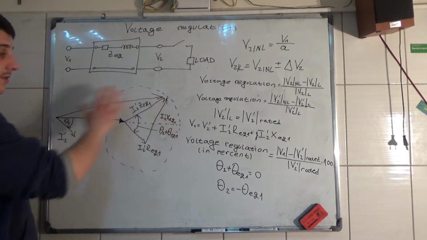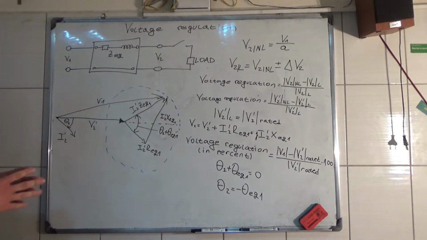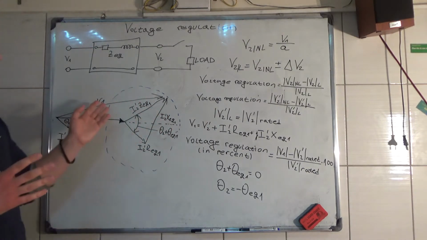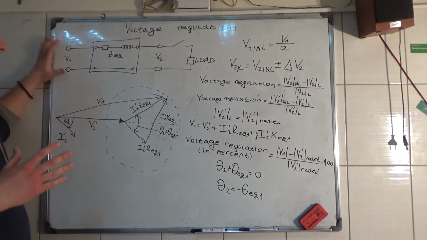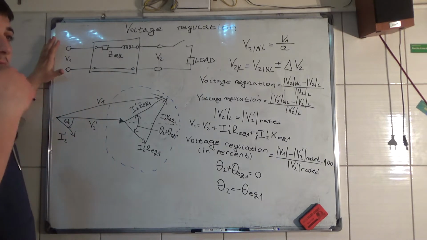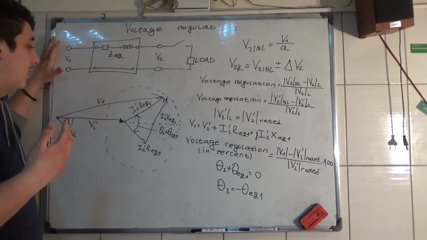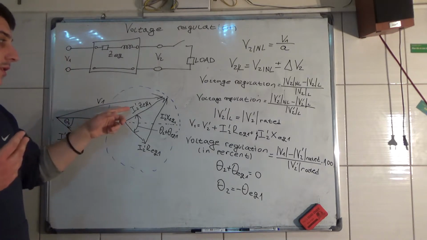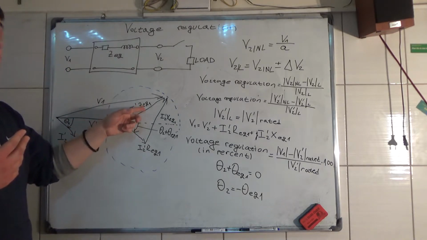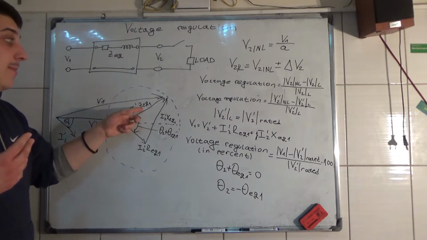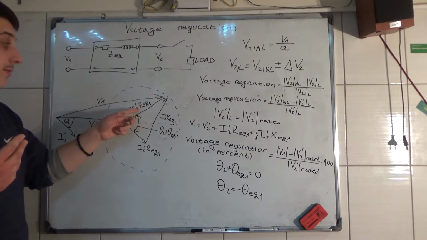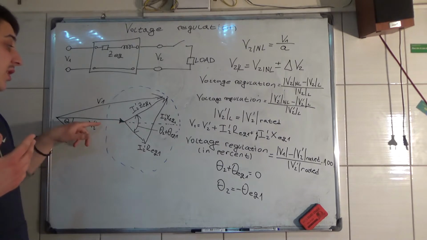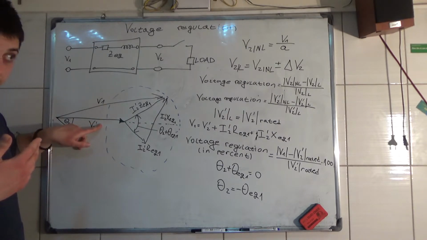So this is the phasor diagram, as you can see. Now, V1, this primary voltage 1, is going to be the highest if the internal impedance, the equivalent 1, is in phase with V2 prime.